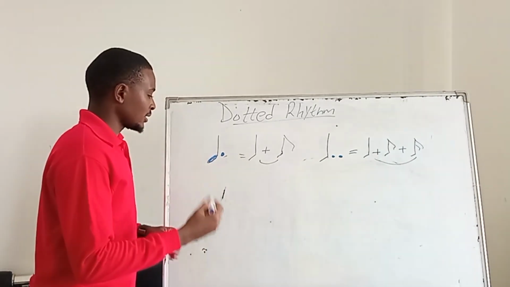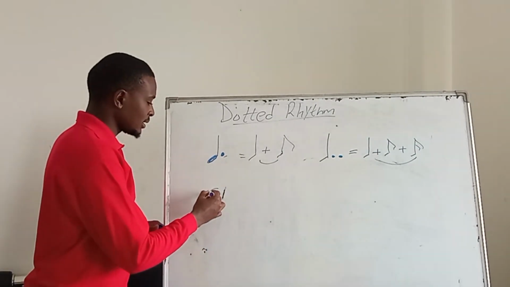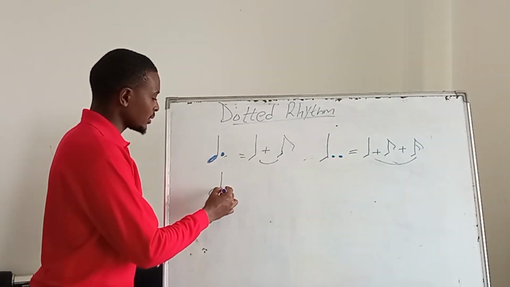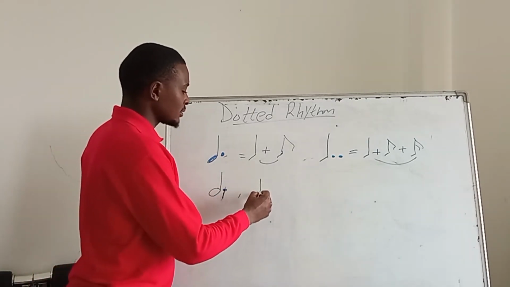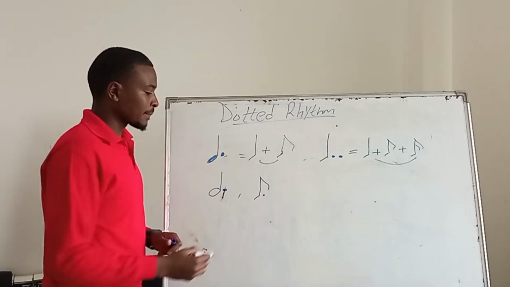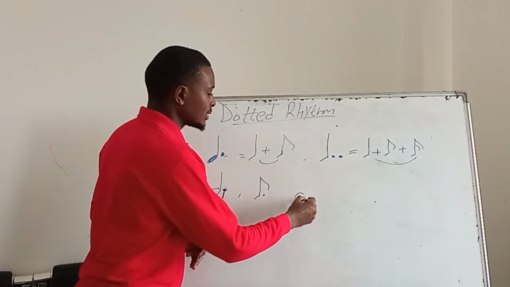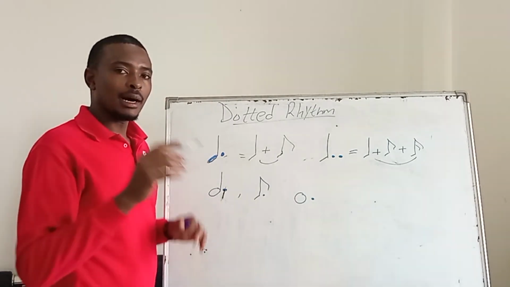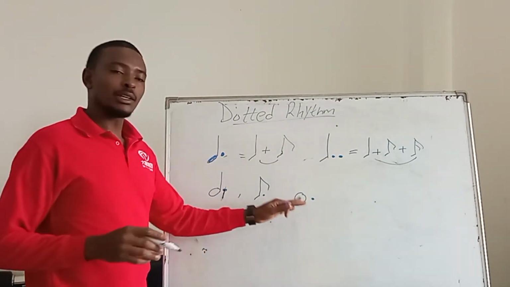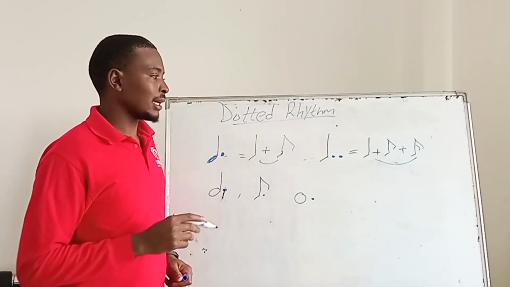Dotted rhythms could be a minim which is dotted, it could be a quaver which is dotted, it could be a semibreve which is dotted. Remember, all the time, the dot must be on the right hand side.